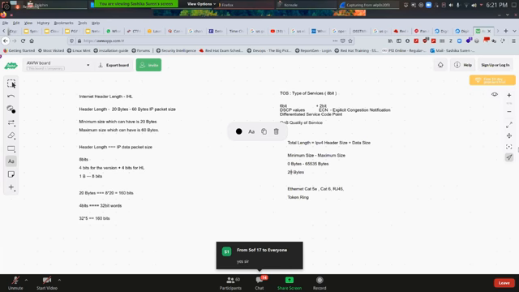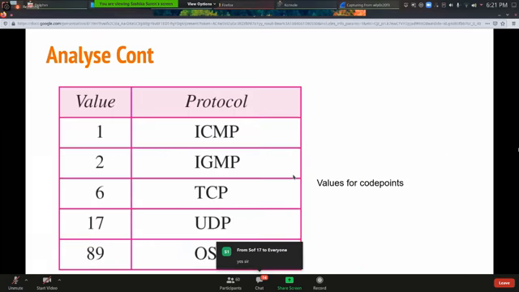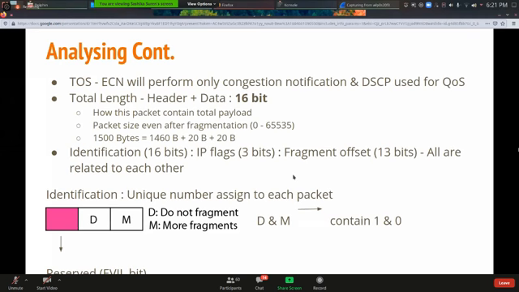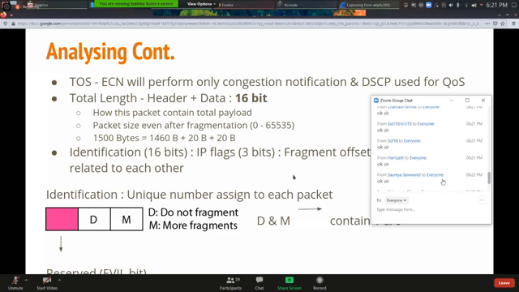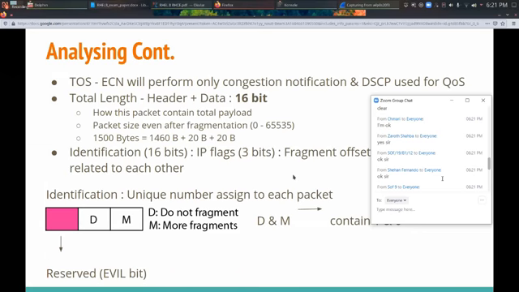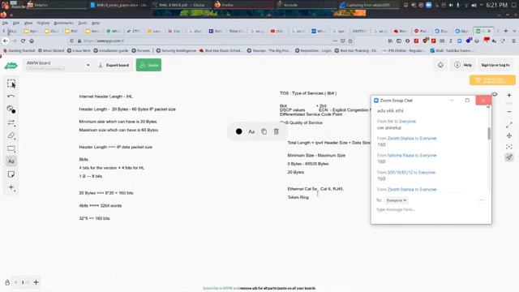Right. So the important thing that we are going to learn here is the total length size.